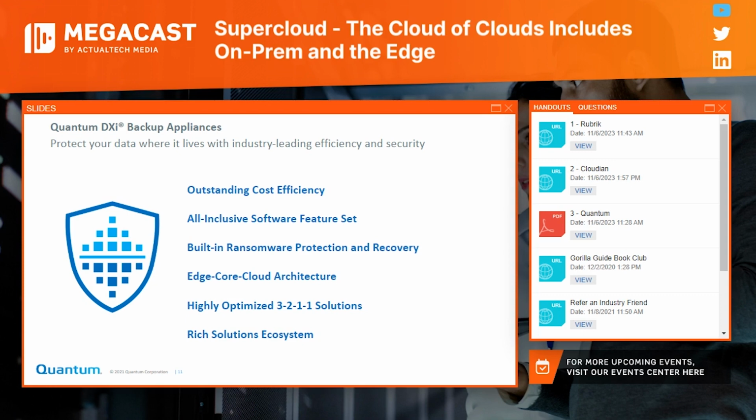If you're familiar with your own backup solutions, you may use this strategy in-house, but it really defines an architecture and key considerations when you're trying to protect your data across multiple sites and across multiple environments. And finally, Quantum DXi backup appliances have a rich solutions ecosystem and a variety of different backup software solutions that are compatible with that solution.